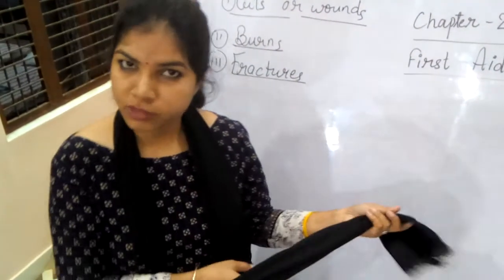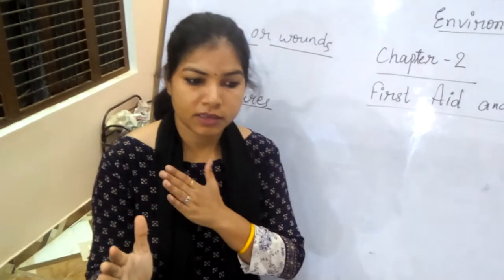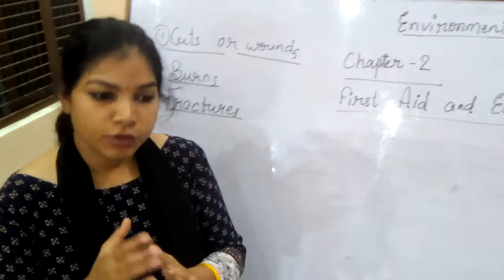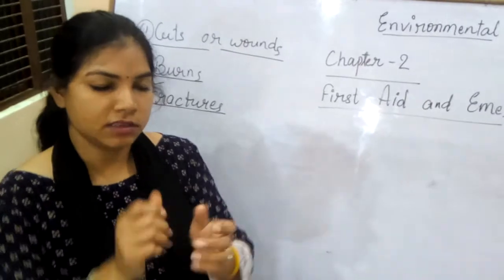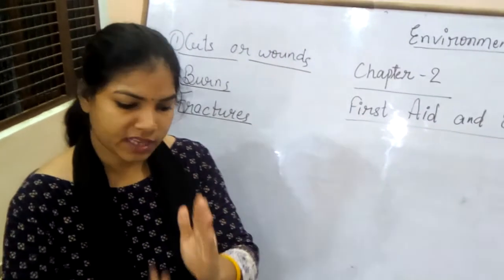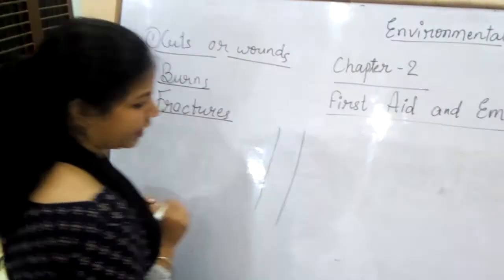So this was just for the hand, but if the person has a fracture in his leg, then what will you do? For the fractured leg, stick a cardboard or a piece of wood to the leg. Suppose this is the leg.